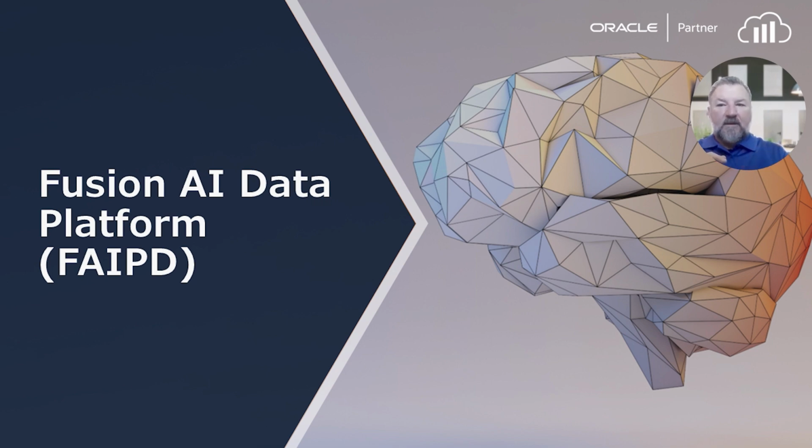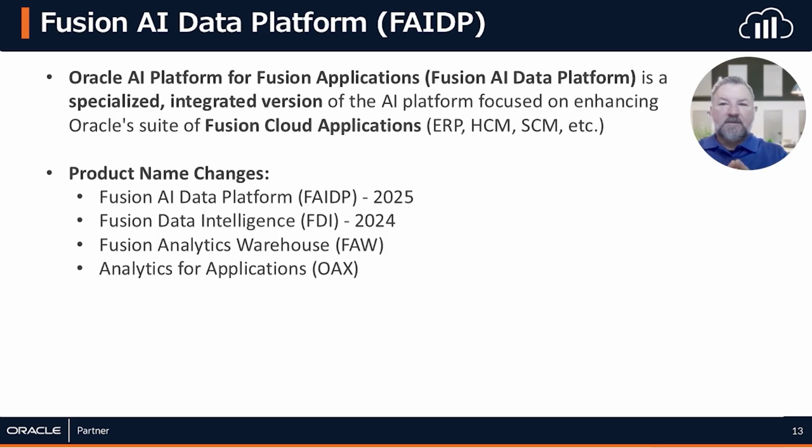Now, Fusion AI Data Platform. So the primary difference is that the Oracle Fusion AI Data Platform is built specifically for Fusion applications. The Fusion AI Data Platform has gone through a few product name changes. Originally, it was known as Analytics for Applications.